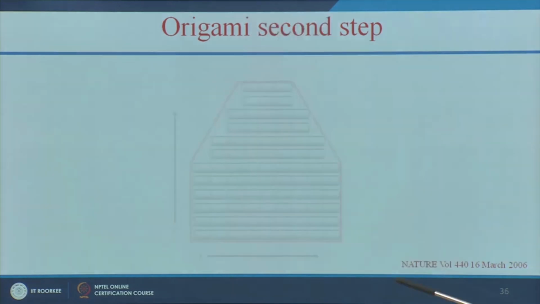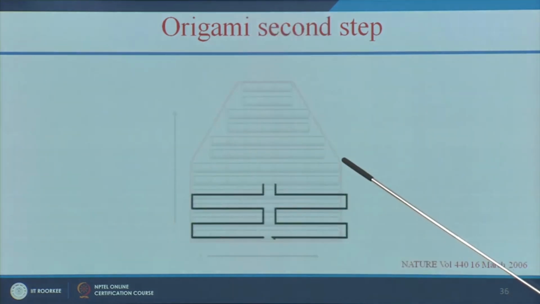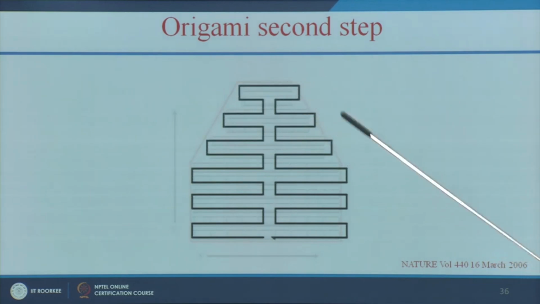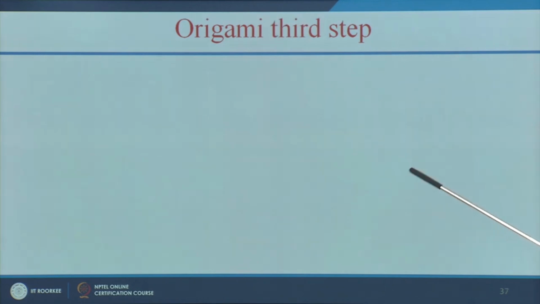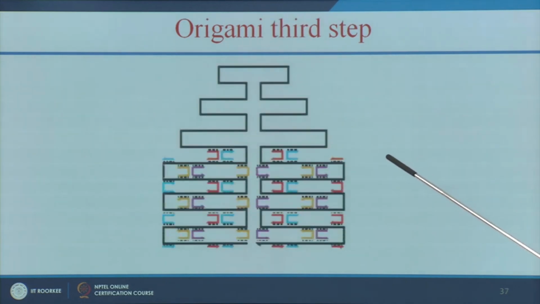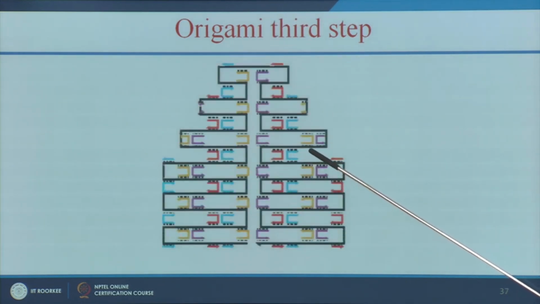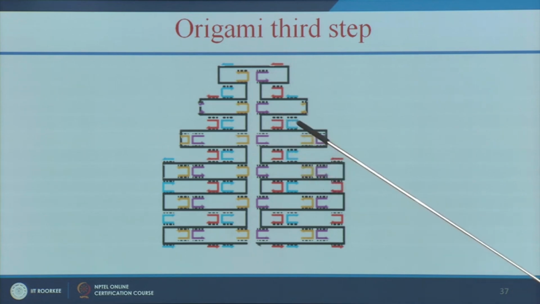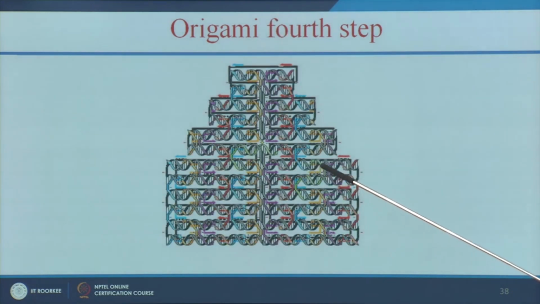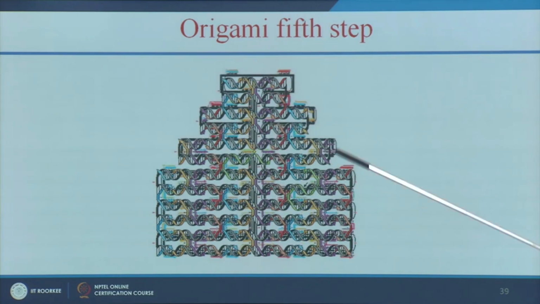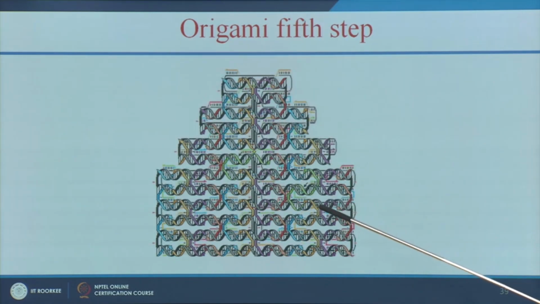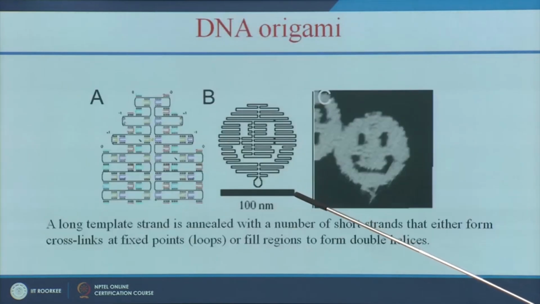Once you have made the plan, the second step is, based on the plan, you draw the structure, what kind of smiley you are going to make, and then you make the short DNA fragment sequences. Those will bind to this, and you can add some enzymes which will make the complete DNA sequence, and finally you will get the complete structure.